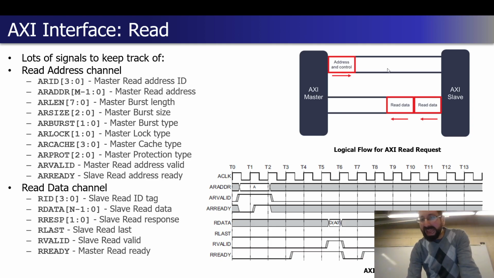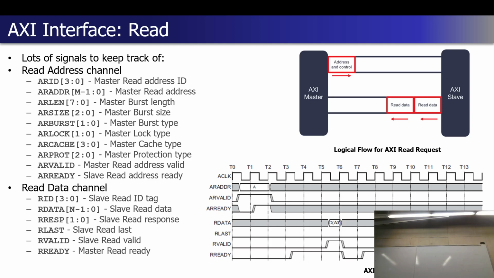So we provide the address and control information. There's a handshake that happens here. That's why there are address valid and address ready signals. All of these signals here are output signals from the master's perspective, from the sender module's perspective, except for that ready signal. That's coming from the receiver side. That's the one we're monitoring to see if the receiver side is actually ready to receive that data.